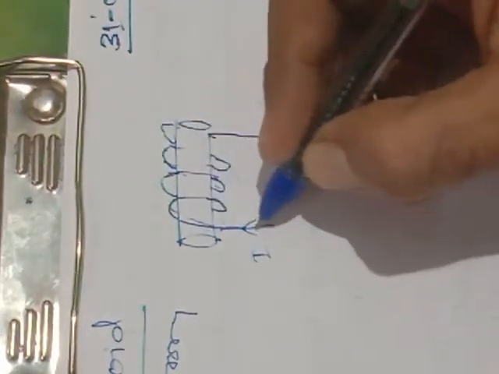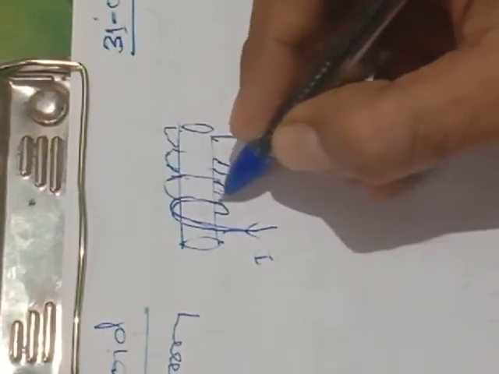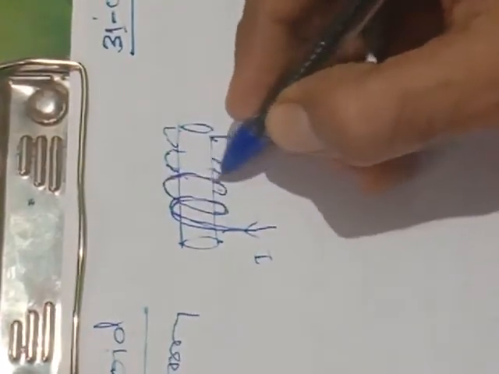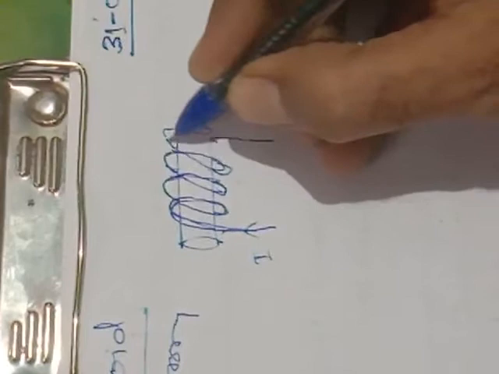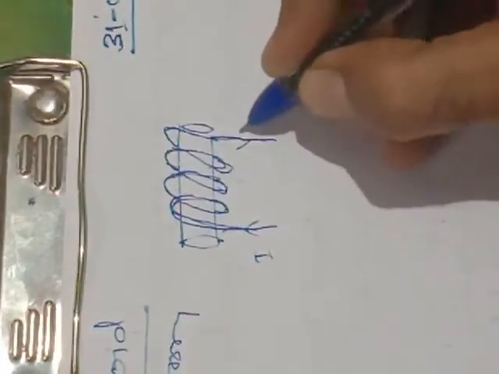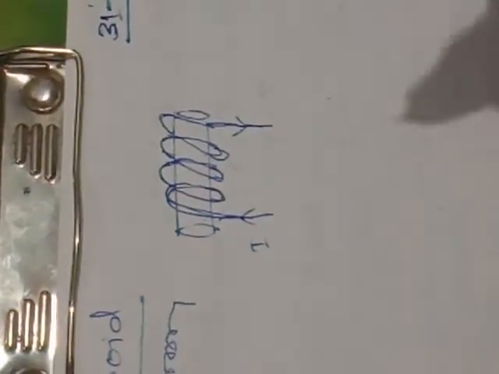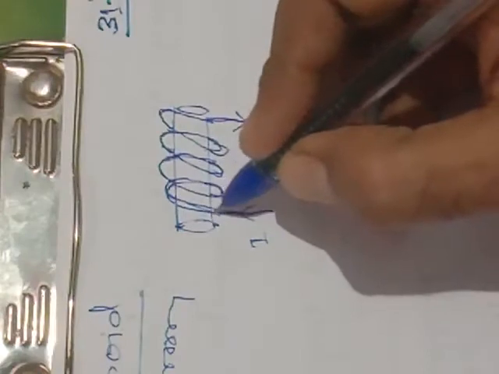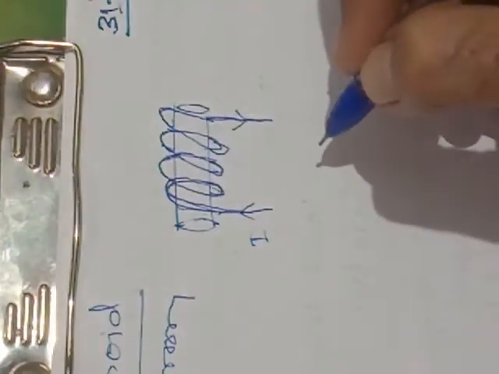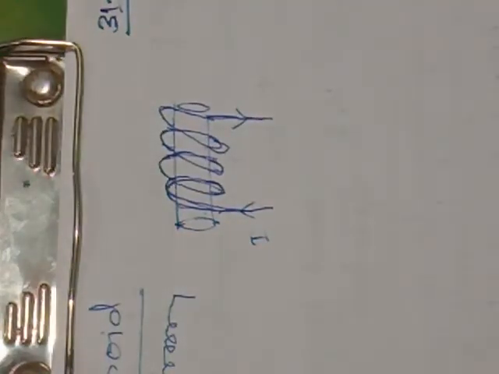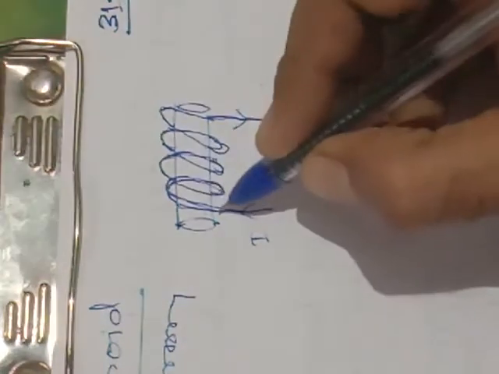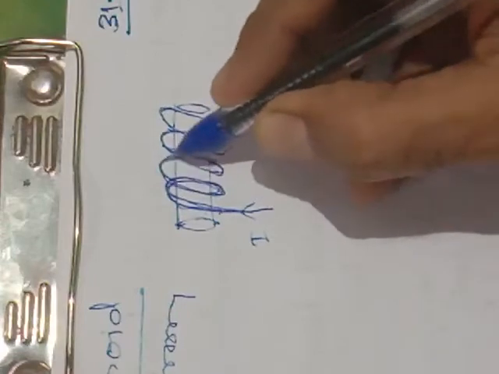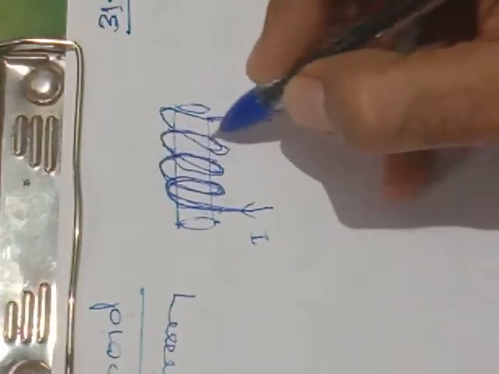The current will flow in this manner, it will rotate in this way, and again it will come in this manner. Each turn of the coil will be circular. And when current flows through this circular coil, then what will happen?